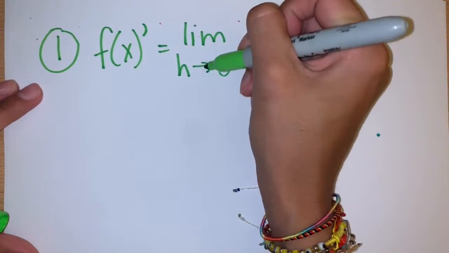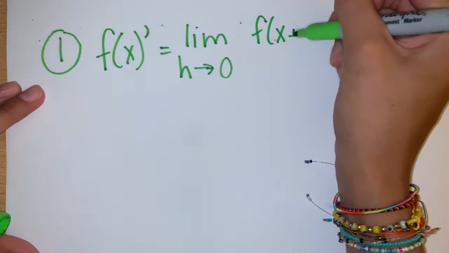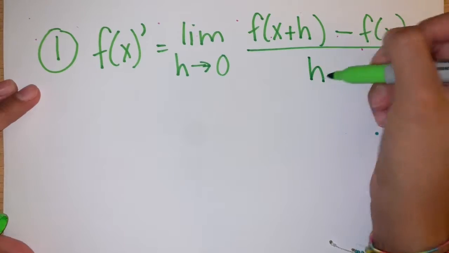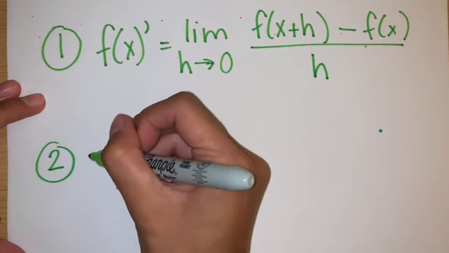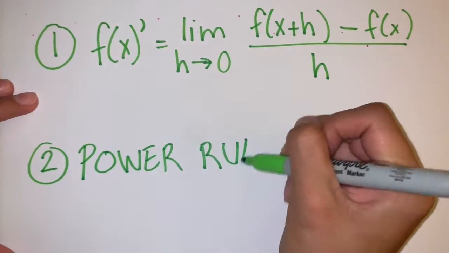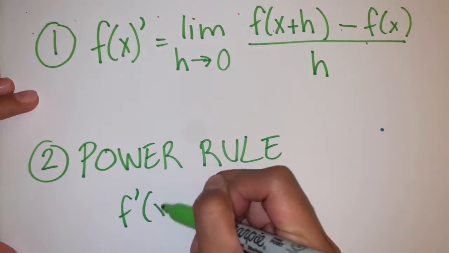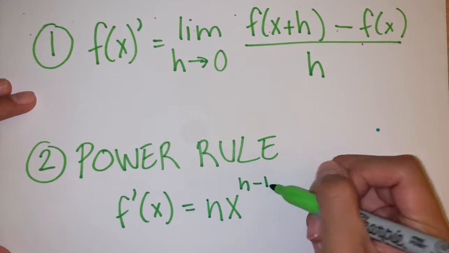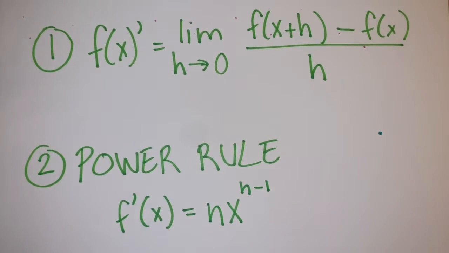The derivative of a function is equal to the limit as h tends to 0 of f of x plus h minus f of x, divided by h. And the second one is using the power rule, which is another formula. The derivative of f of x equals n times x to the power n minus 1.